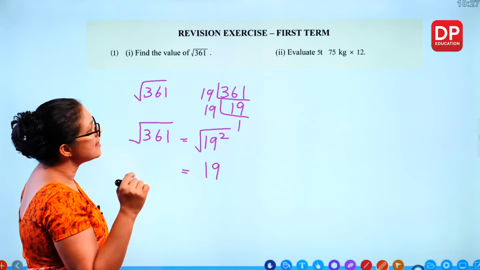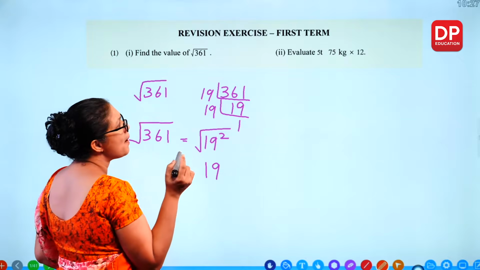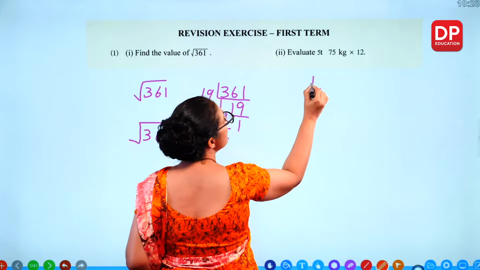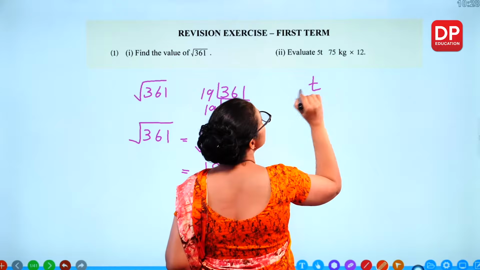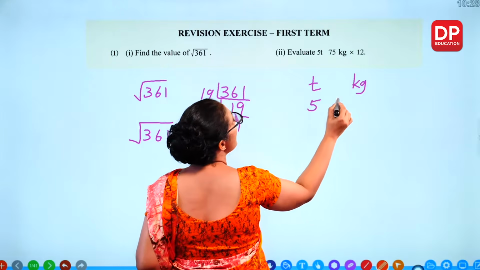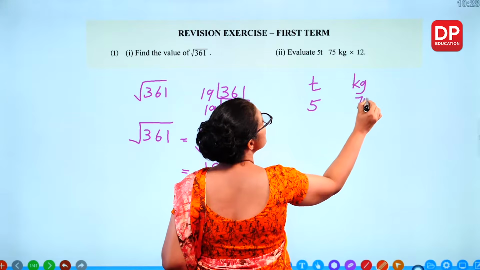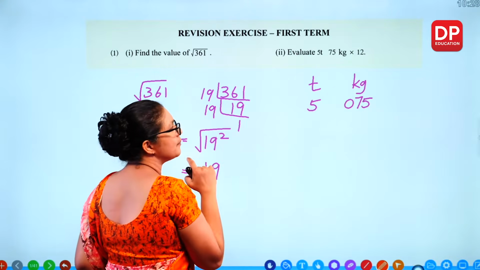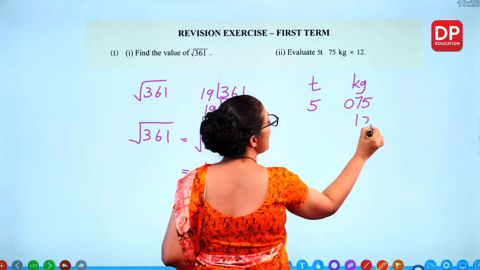Evaluate 5 tons and 75 kilos multiplied by 12. So we'll write in a column tons and kilograms. 5 and 75. It's better to put 3 digits here. Multiplied by 12.